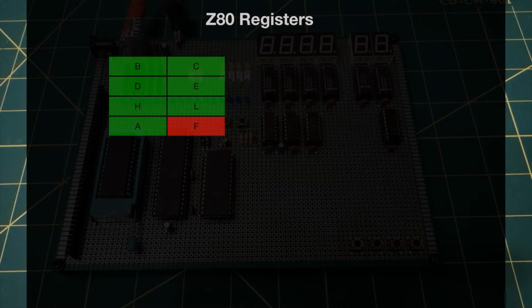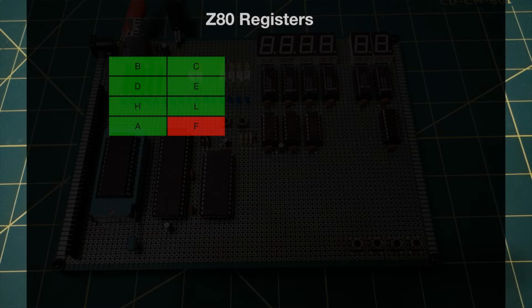Some of them do carry slightly special purposes, like the HL is often used with addressing. I believe B was used for the DJNZ function for loops as a counter, and C is used for outputting as we've seen. But generally they're considered to be general purpose.